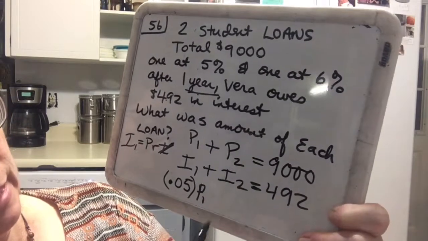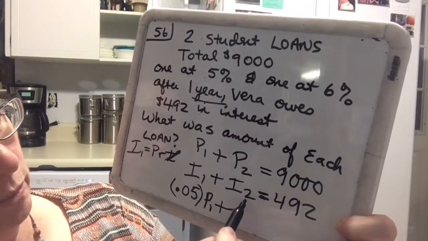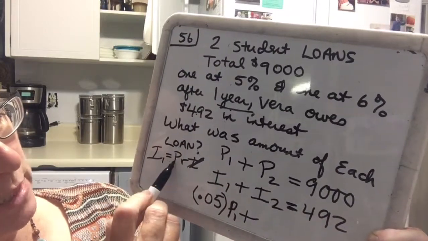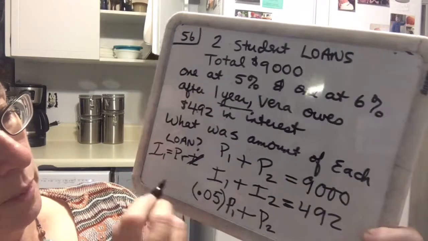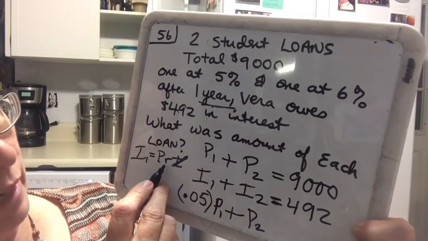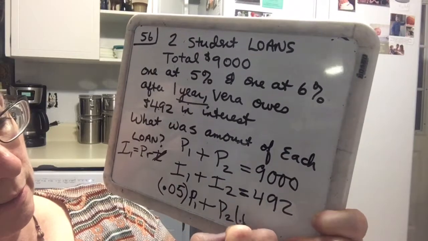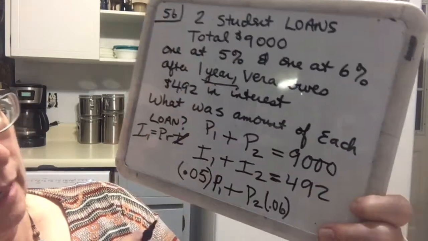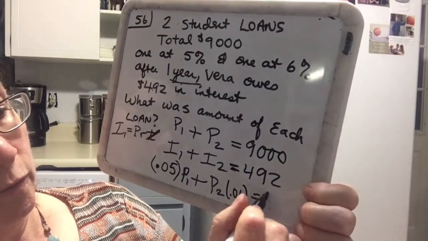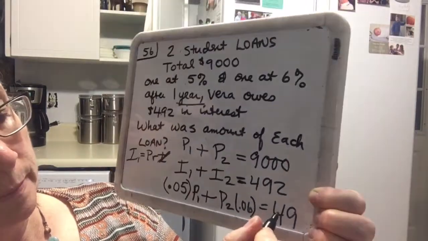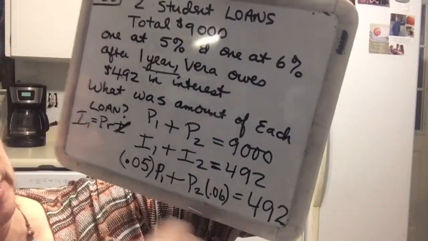And then interest 2 is going to be principal 2 times the rate, which is 0.06, and interest 1 plus interest 2 is equal to 492.